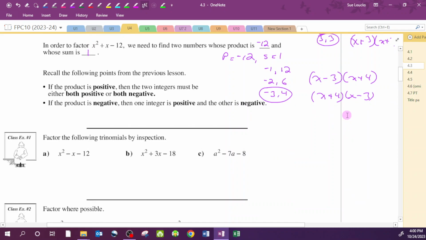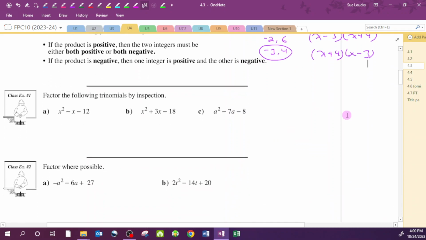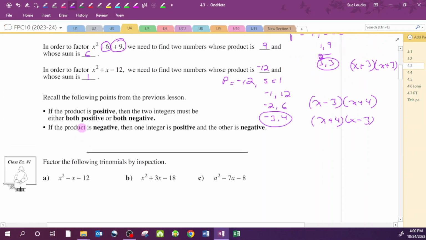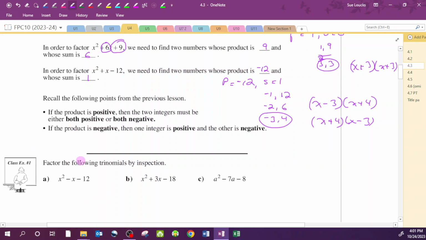Okay, so there's examples. I'm not going to do them because I just did 2 examples for you. Why don't you try them, and then you can check. Okay, let's do this. My product is negative 12, my sum is negative 1, so this is going to be x minus 4, x plus 3. My product here is negative 18, and my sum is 3, so this is going to be x plus 6, x minus 3.